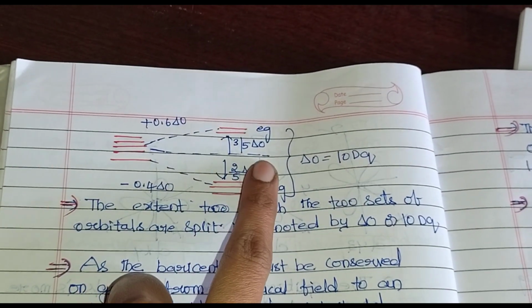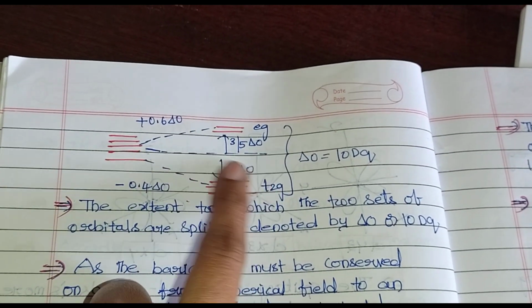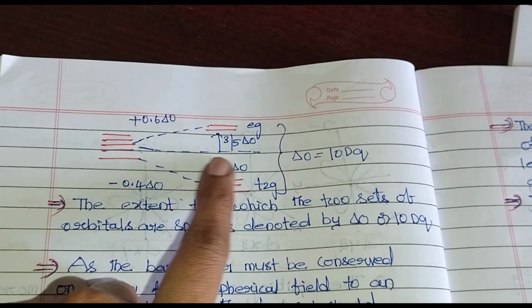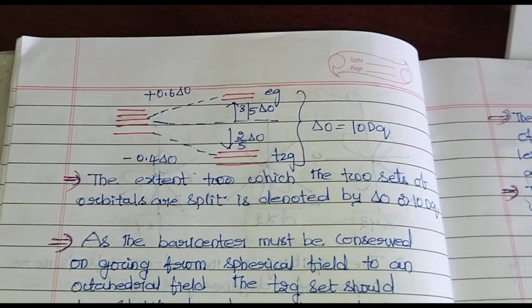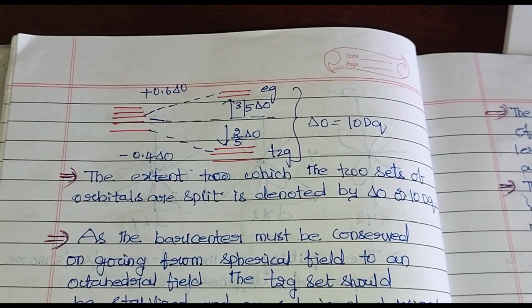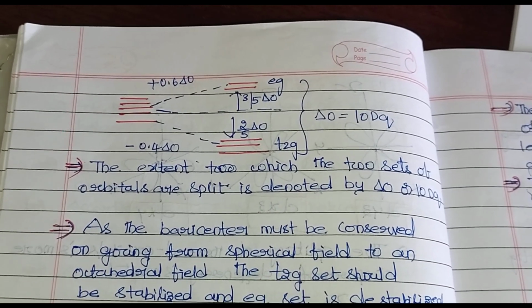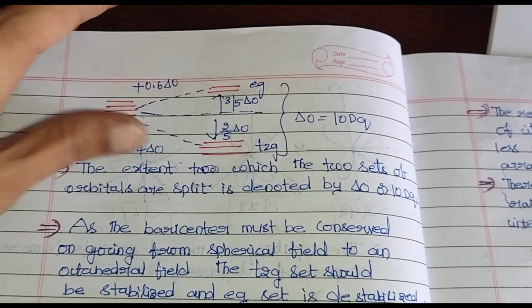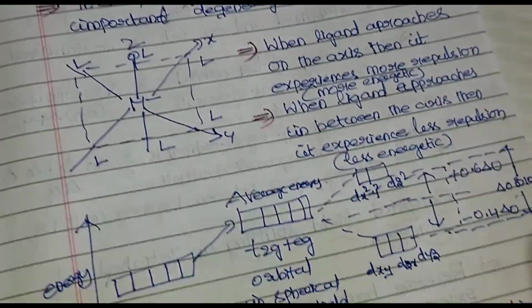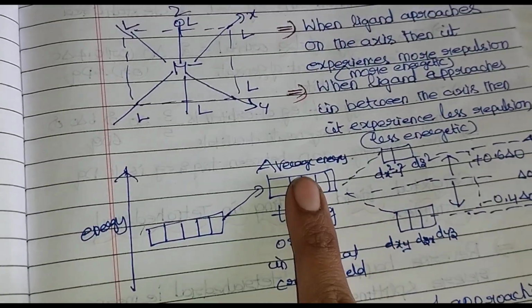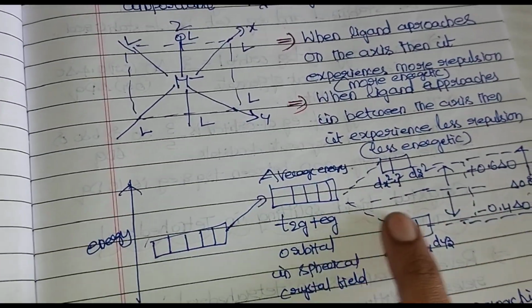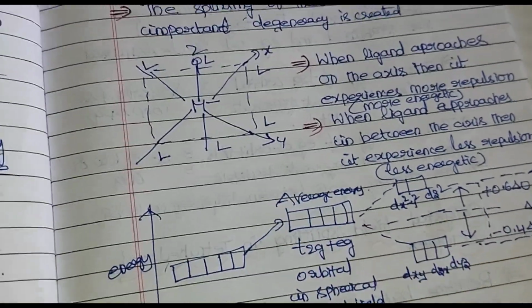The barycenter, where no splitting occurs, must be conserved on going from a spherical field to an octahedral field.